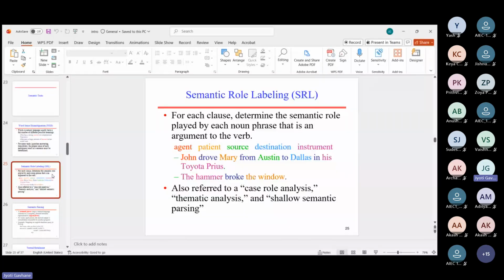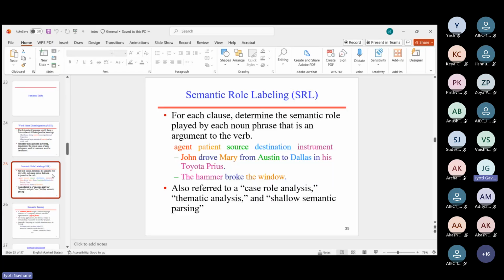"In his", again the pronoun. After that, "Toyota Prius", again a noun. So many nouns are in this statement: John, Mary, Austin, Dallas, Toyota Prius. These nouns are all connected with a single verb, but there are many connecting words in this statement so that you will understand its meaning. So how are you labeling the nouns with the verbs?